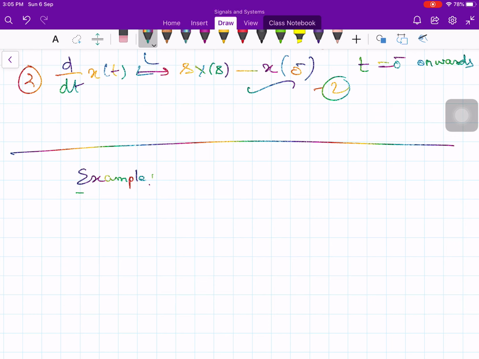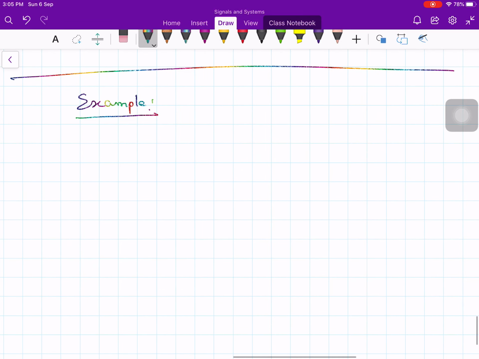Now let me take x of t equal to a unit step function u of t. So the signal is 0 up to this point and suddenly it jumps like this. This is my u of t.